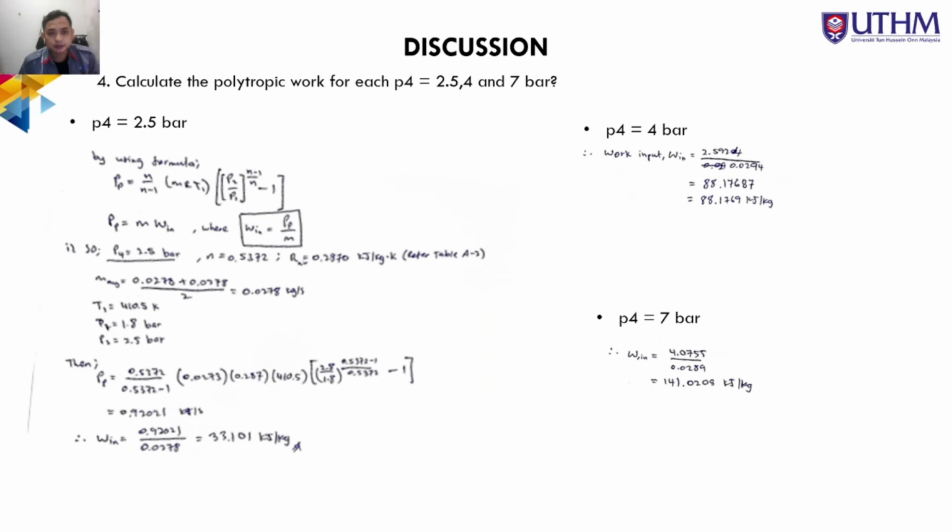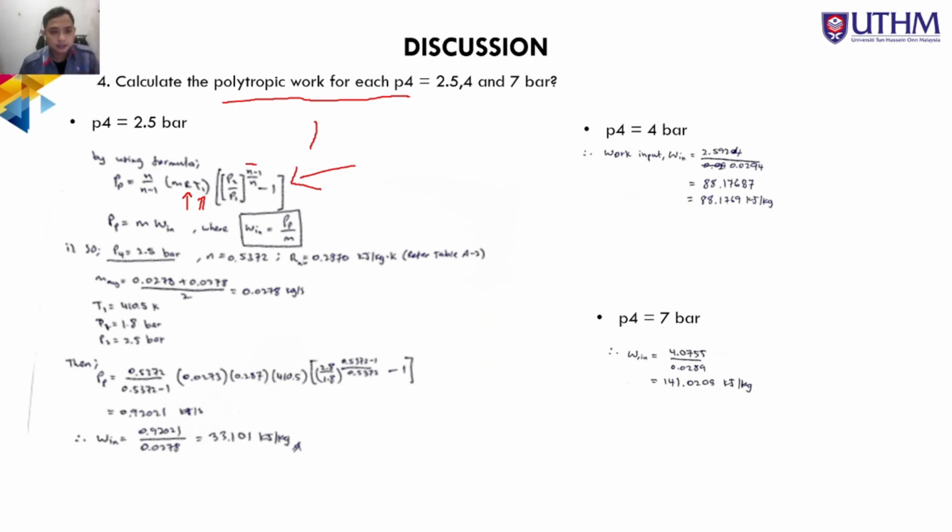Then we calculate the polytropic work for each P4, which is 2.5 bar, 4 bar, and 7 bar. How do we calculate the polytropic work? There's a formula for the polytropic power, which is equivalent to n over n minus 1 times m times the ideal gas constant, which we can obtain from table A2, times T1, which is already obtained in the table, times pressure 2 over pressure 1 to the power of n minus 1 over n, and then minus 1.